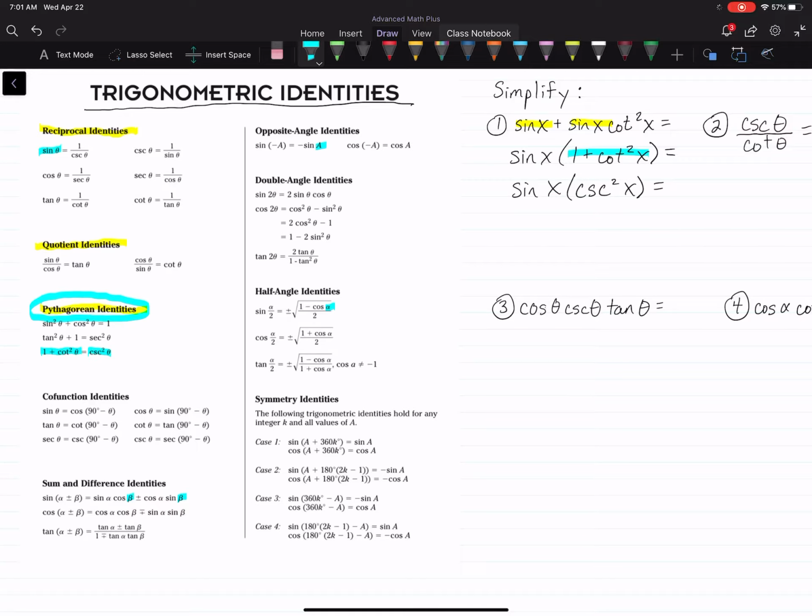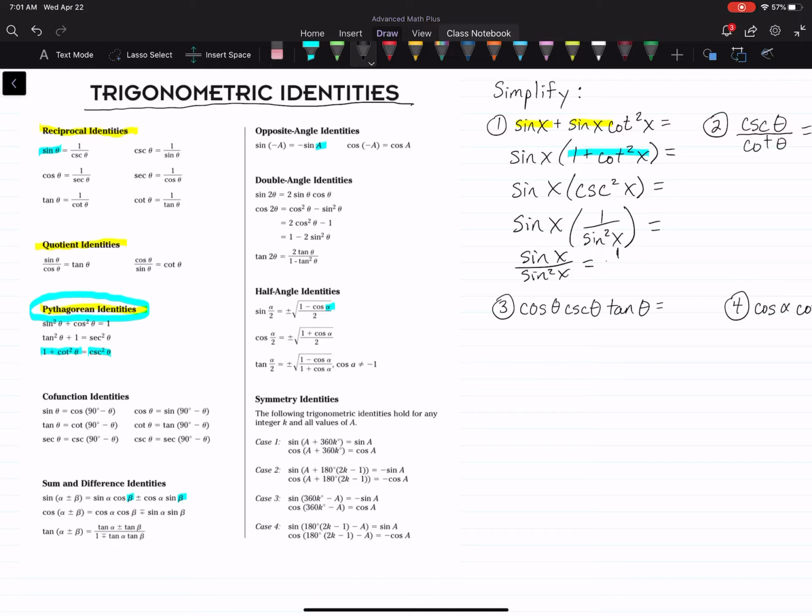So I'm going to change this cosecant squared x to 1 over sine squared x, because sine is equal to 1 over cosecant, which means cosecant equals 1 over sine. And since it's squared, it's 1 over sine squared. Then we're almost done. This will be sine x on top divided by sine squared x.